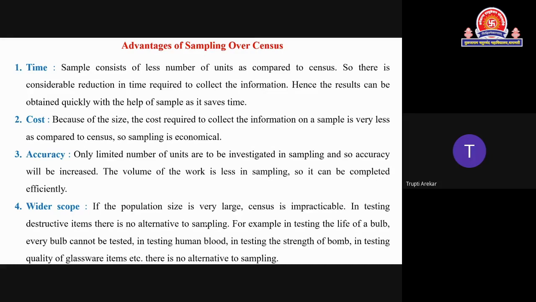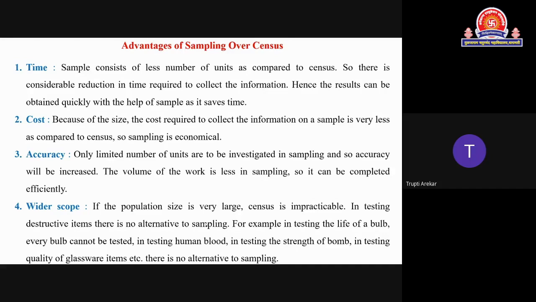In testing human blood, the strength of a bomb, or the quality of glassware items, there is no alternative to sampling. Whenever we are testing the blood, we take a sample instead of the whole of the blood from the body. So here we see that sampling has greater scope than census.